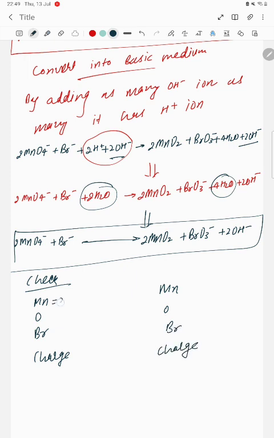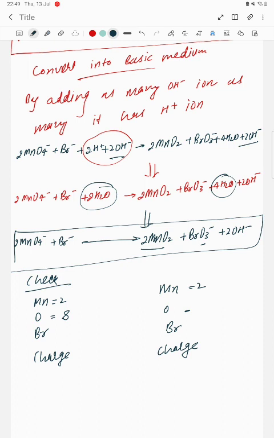How many Mn? 2. This side 2. Oxygen, how many are there? 8 on this side, and on the other side 2 times 2 is 4, 4 and 3 is 7. So a little bit somewhere we made a mistake.